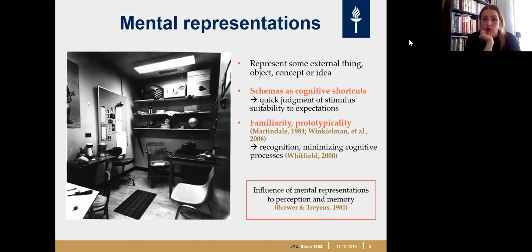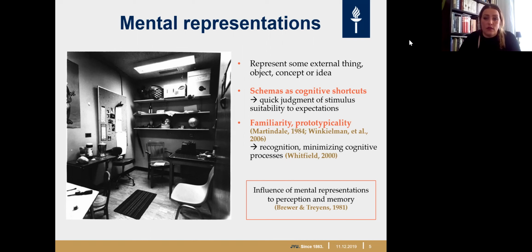And then also in terms of the schemas, they develop through familiarity, that is, how often we are exposed to something. At the simplest form, of course, this feeds the schemas and makes those more established.